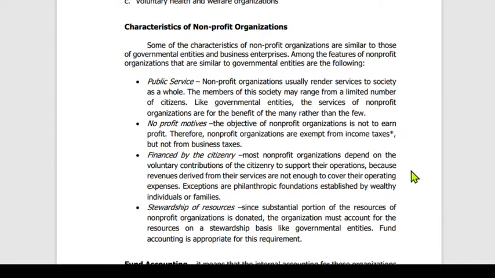Next, it is financed by the citizenry. As much as the government is funded by the taxes paid by its citizens, more of the funds of the nonprofit organizations come from voluntary contributions and donations from several individuals. Next, the stewardship of resources.